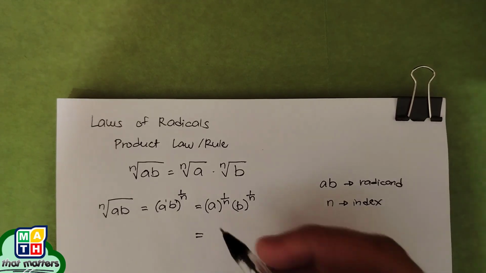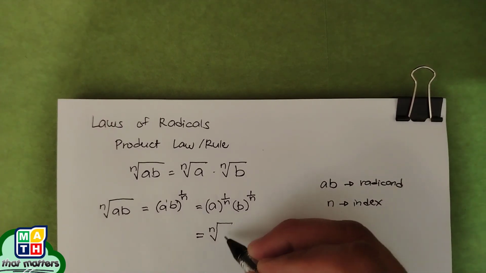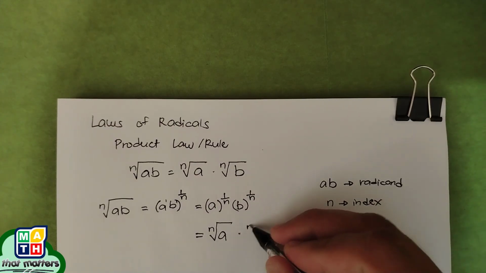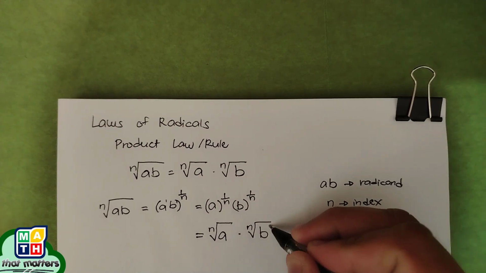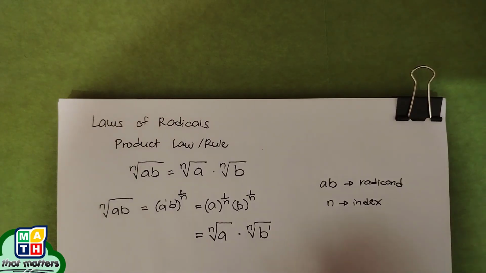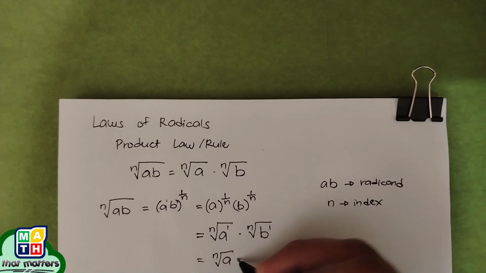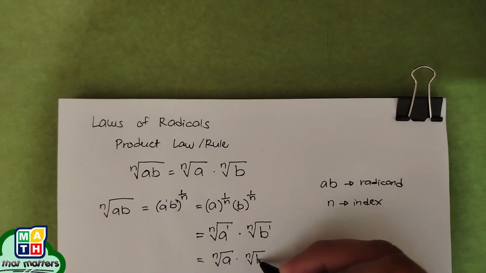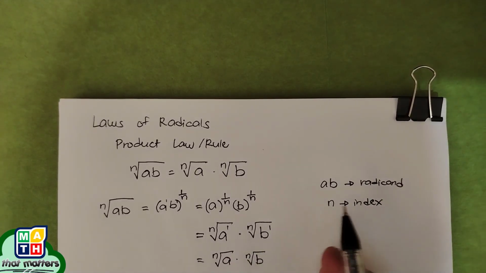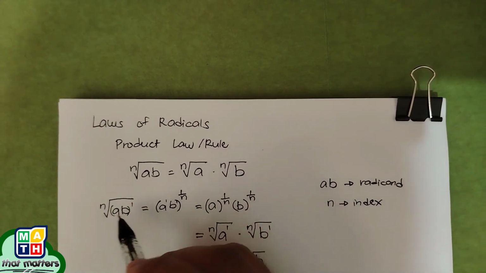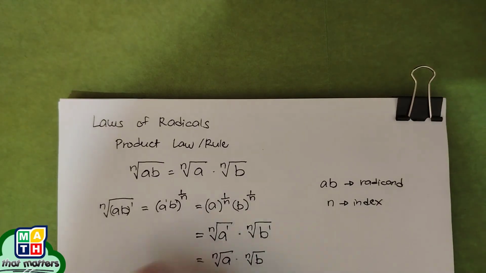Hence, we have here the nth root of A to the power of 1 times the nth root of B to the power of 1, or you can simply remove that power of 1 there: the nth root of A times the nth root of B. Now, take note before I continue, this also has an exponent of 1 here. That's why it becomes 1 over n. I forgot to mention that.